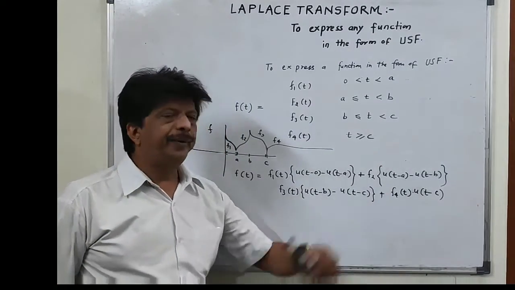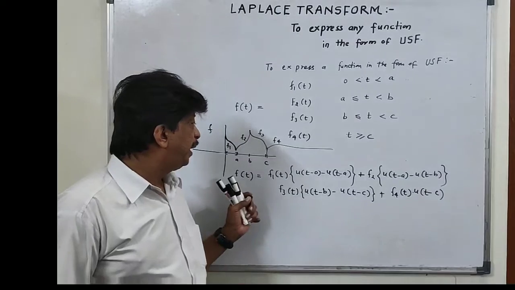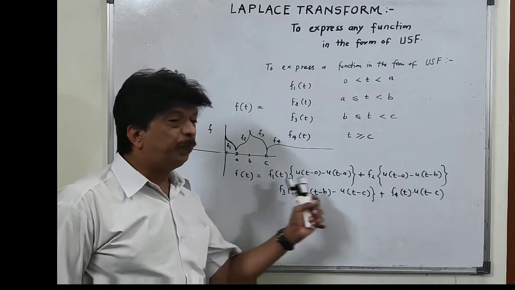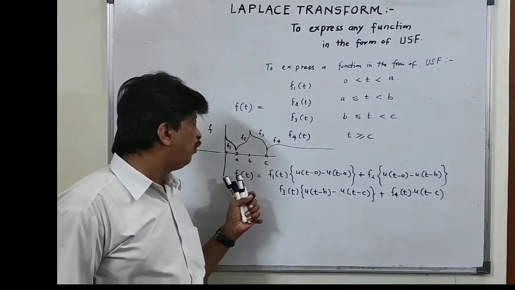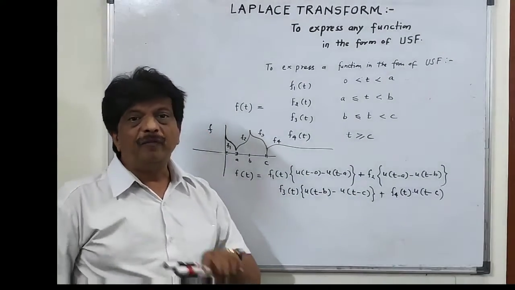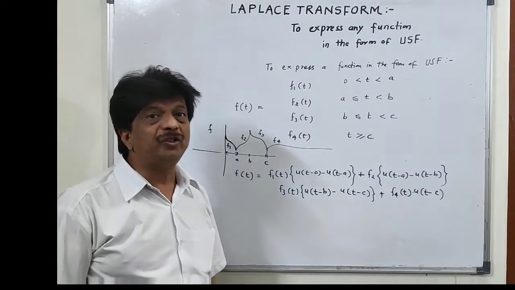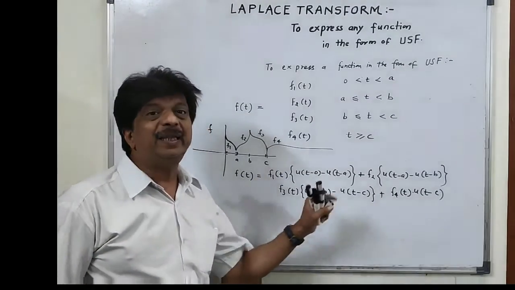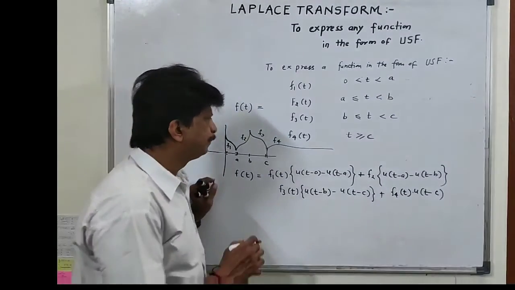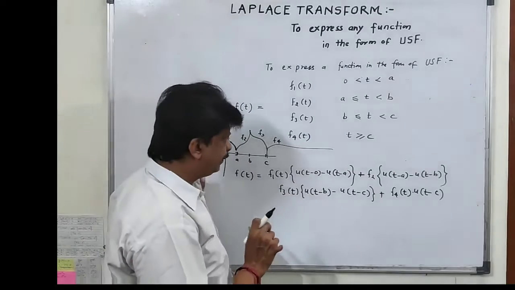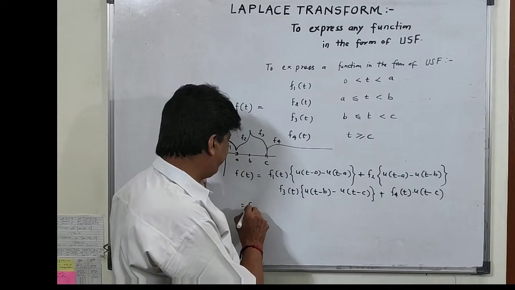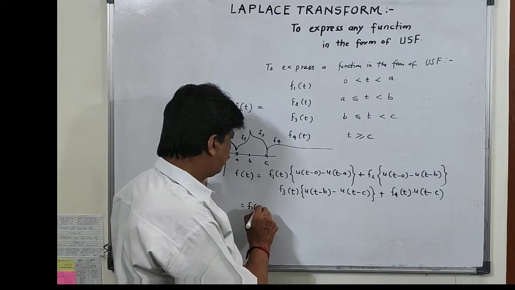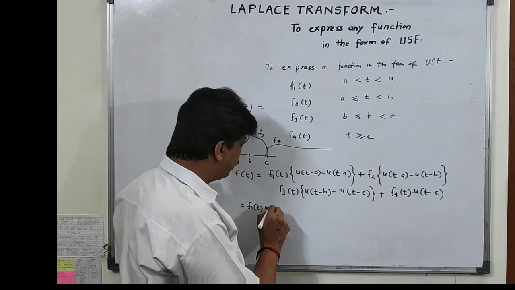So this is the expression of f of t in the form of rectangular wave functions. But now we shall write this in a neat manner. How? We shall write each term. f1 of t into u of t minus 0 is u of t.